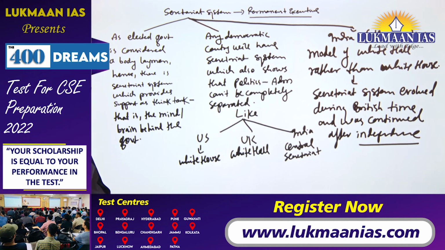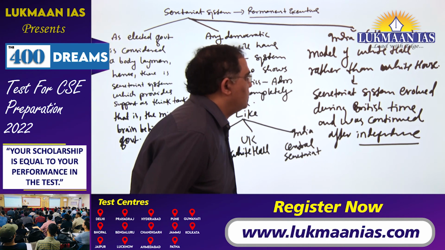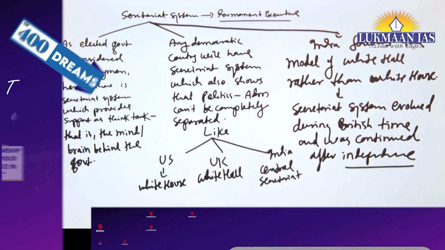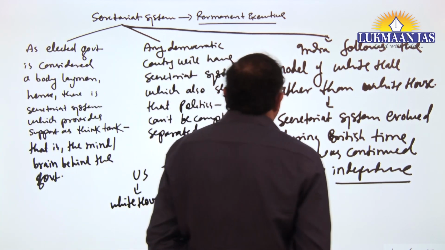So we have the Secretariat system, and India follows the model of Whitehall rather than the White House. The Secretariat system evolved during British time and was continued after independence.